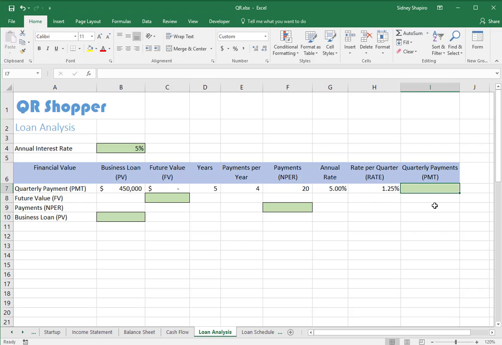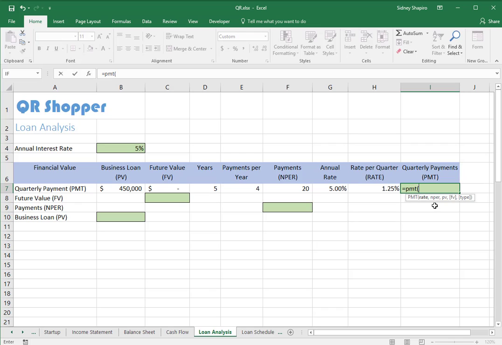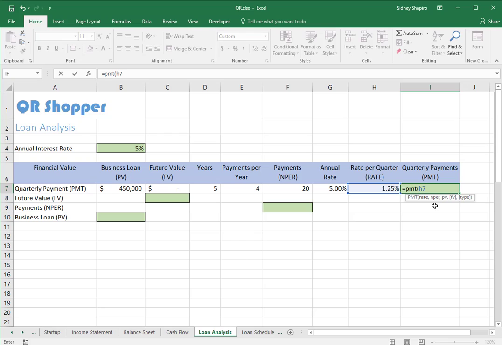Our annual interest rate is 5% that we got from over here. And our quarterly interest rate is going to be the annual interest rate divided by the number of payments per year. So we got the effective rate of 1.25%. And then finally, we want to figure out the payment formula. So we're going to type it equals PMT, H7, which is our rate per quarter. Next, we're going to put in F7, which is our number of payments.